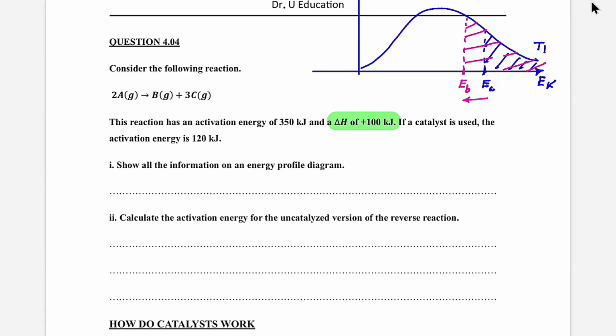The question is, delta H positive 1000 kJ means what? Endothermic or exothermic? Endothermic? Are you sure?